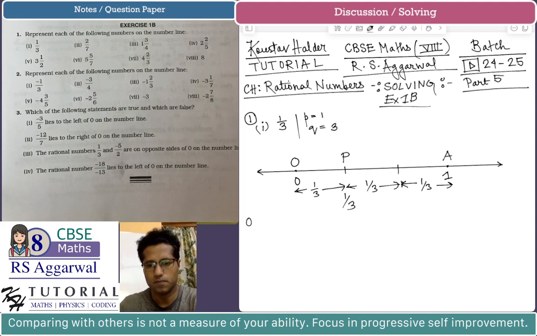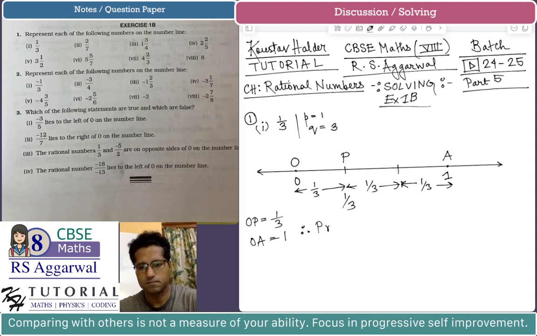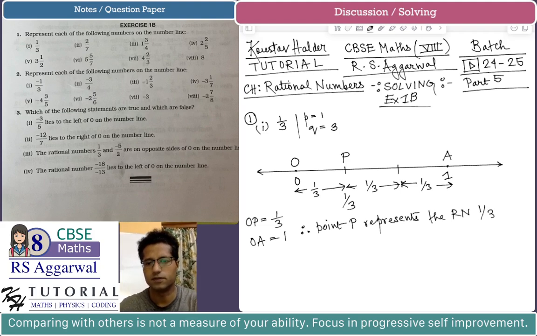So OP is equal to 1/3 and OA is equal to 1. Therefore, point P represents the rational number 1/3.